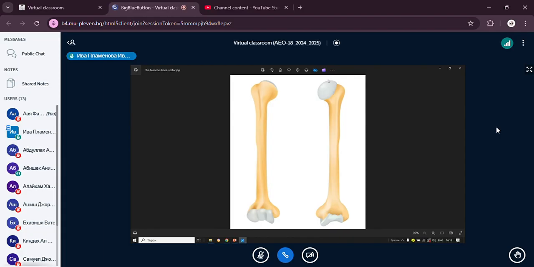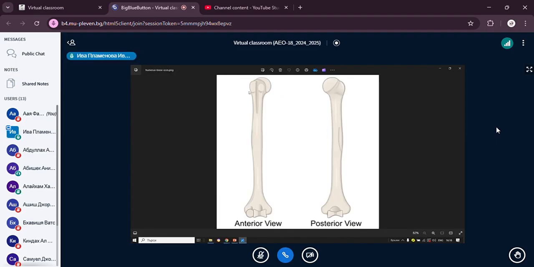For articulation with the glenoid cavity on the scapula. The head is surrounded by the line which is called the anatomical neck. After that, we have this one and this one.